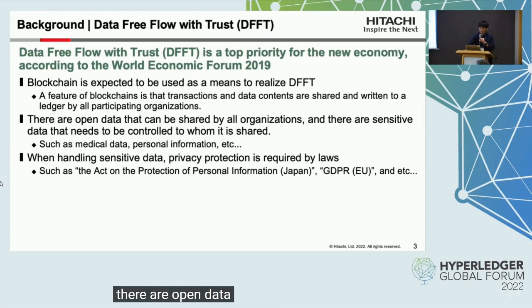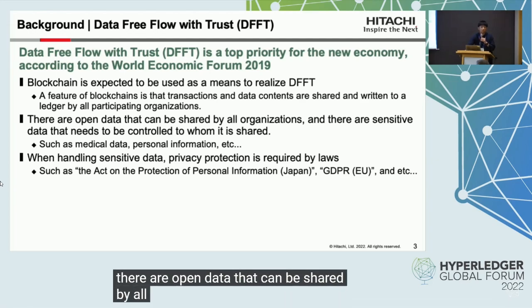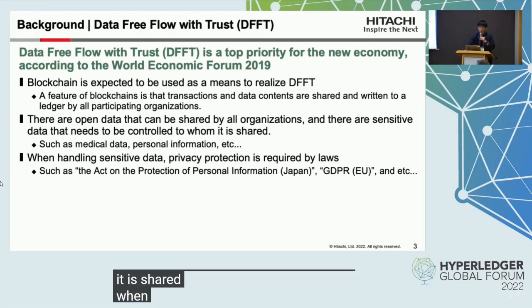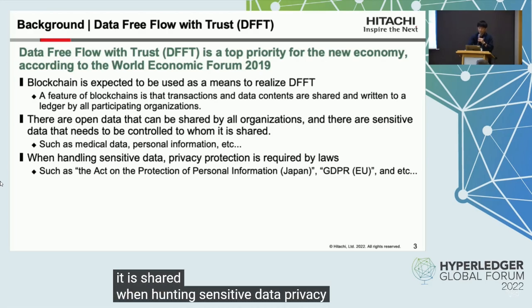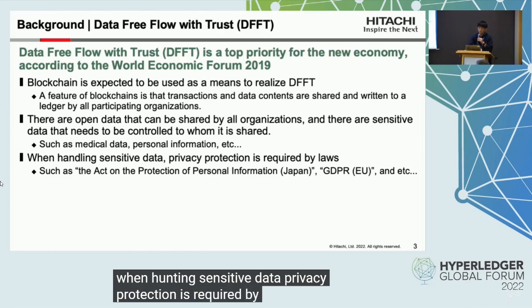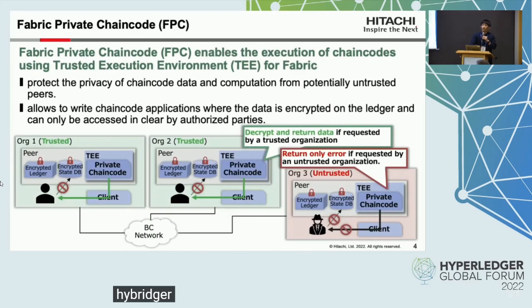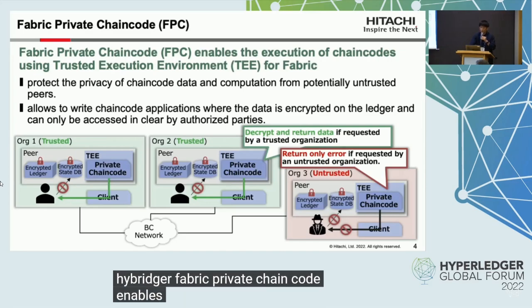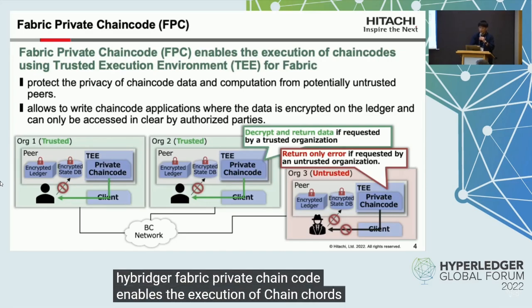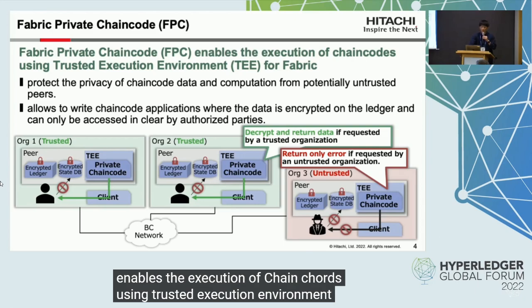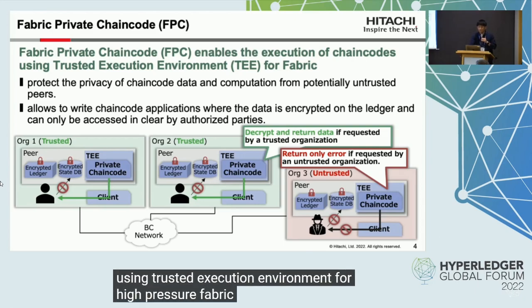There are open data that can be shared by all organizations, and there are sensitive data that needs to be controlled to whom it is shared. When handling sensitive data, privacy protection is required by laws. Hyperledger Fabric private chain code enables the execution of chain codes using trusted execution environment for Hyperledger Fabric.